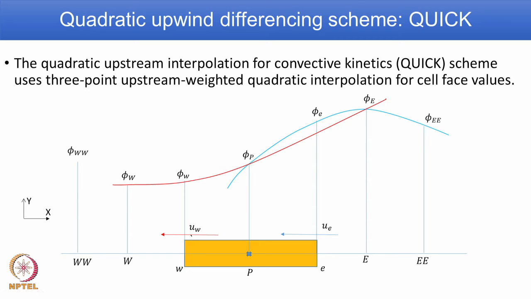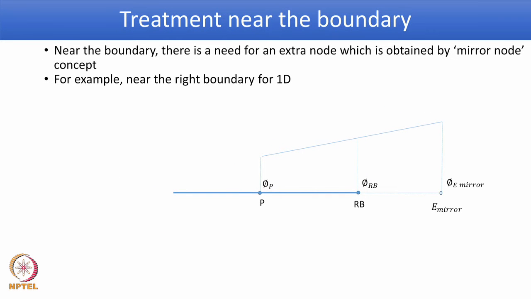Now, let us look at these details with some more information. We have to know what to do in the case of near boundary. Near the boundary, you have a node which is marked here as P, and in this example, on the right side, at the right boundary there is a value given by the boundary condition, marked here as phi at RB.